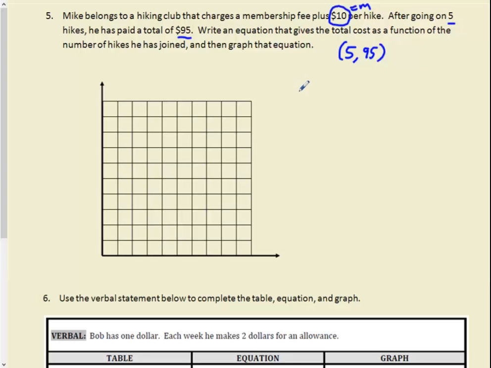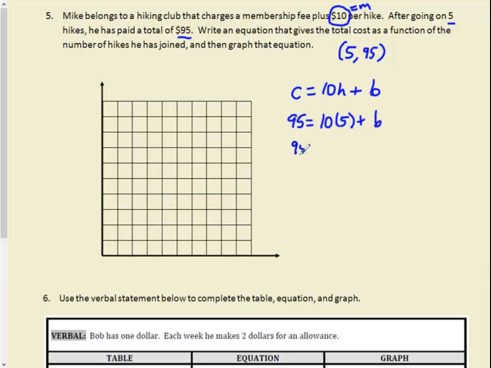So we're looking for something like this. Cost is equal to, we already know our slope is 10, so 10 times the number of hikes plus the membership fee. I'm going to call that b, because that's going to be our y-intercept. We know the coordinates from one point, so we know that 95 is the cost for 5 hikes, and we're trying to calculate the membership fee.